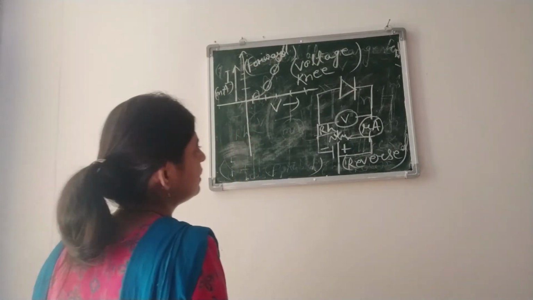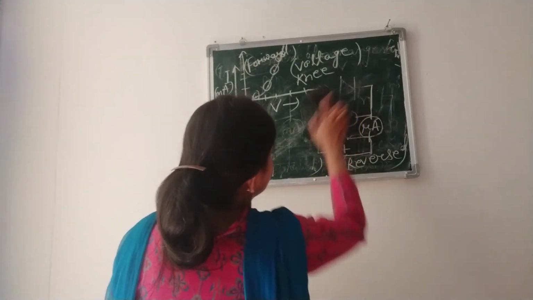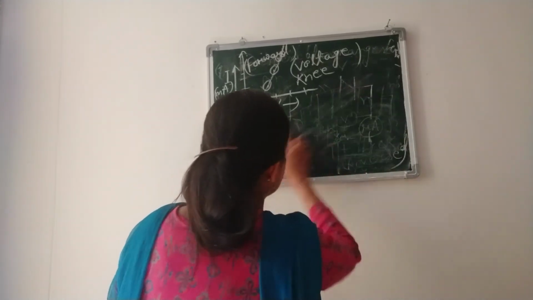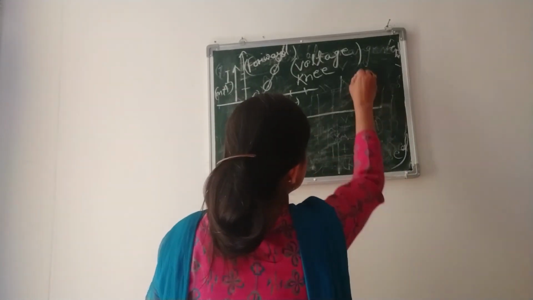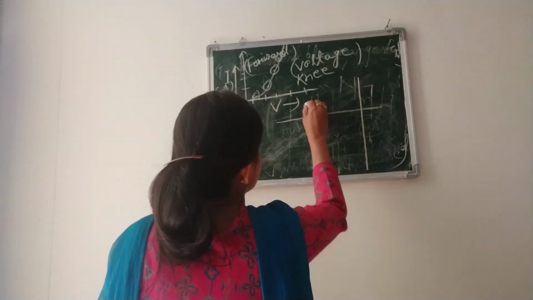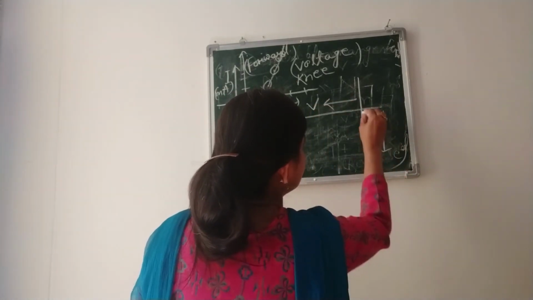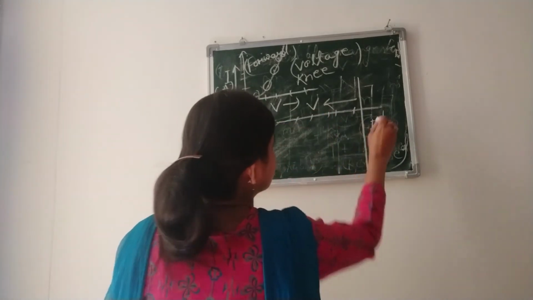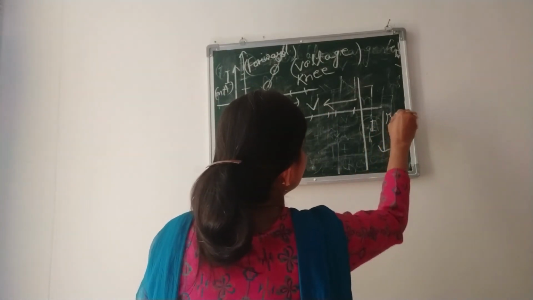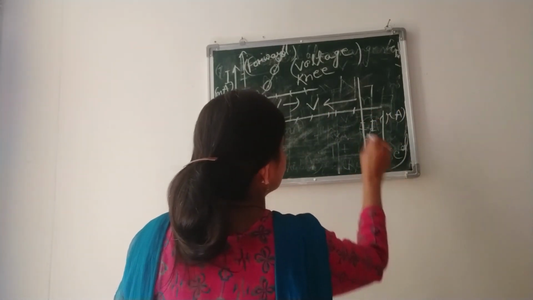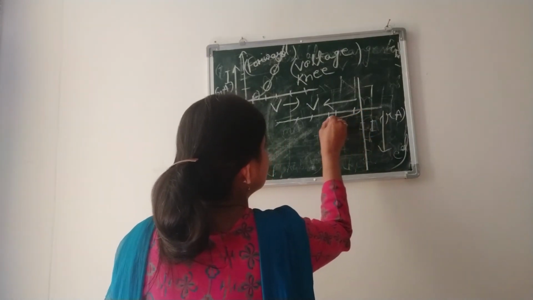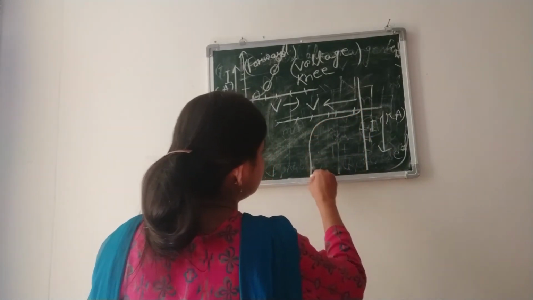And in reverse biasing, what will happen? The current will be in microamperes. Then the graph will be like this.